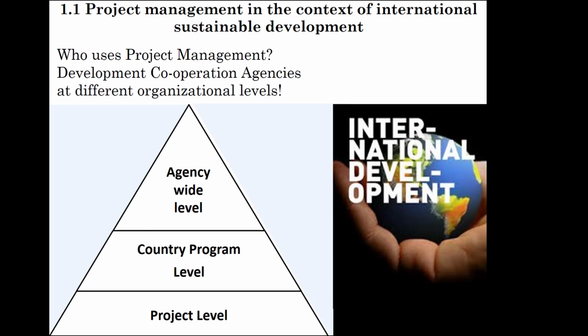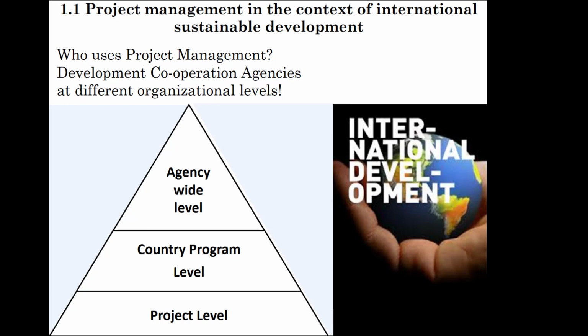Talking about development cooperation agencies like the United Nations Development Program, UNDP, like the USAID, like the Consultative Group for International Agricultural Research, like the CGIAR, which include the International Water Research Institute inside, or the International Rice Research Institute, but also others like the International Union for Conservation of Nature, IUCN, or the German Gesellschaft für internationale Zusammenarbeit, the GIZ, the World Bank, and so on and so on.